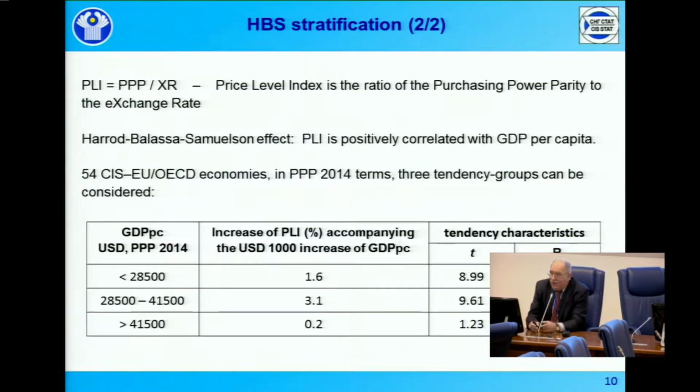Then in 1994, Paul Samuelson suggested a very long title: Ricardo, Harrod, Balassa, Samuelson, Penn, Wiener effect, etc. So I use Harrod, Balassa, Samuelson effect, but this is not important.